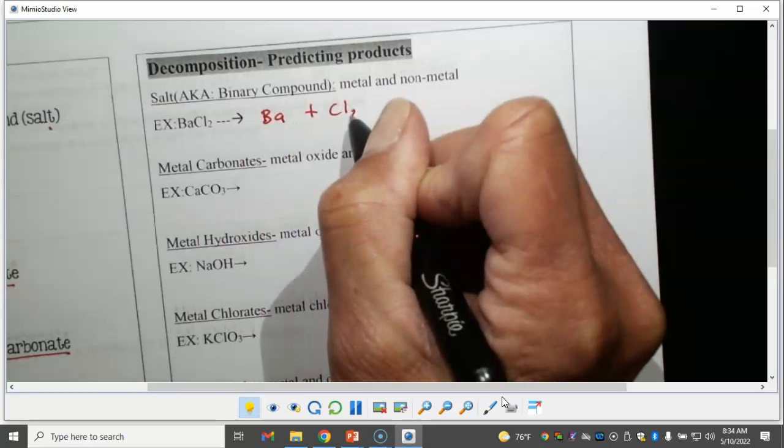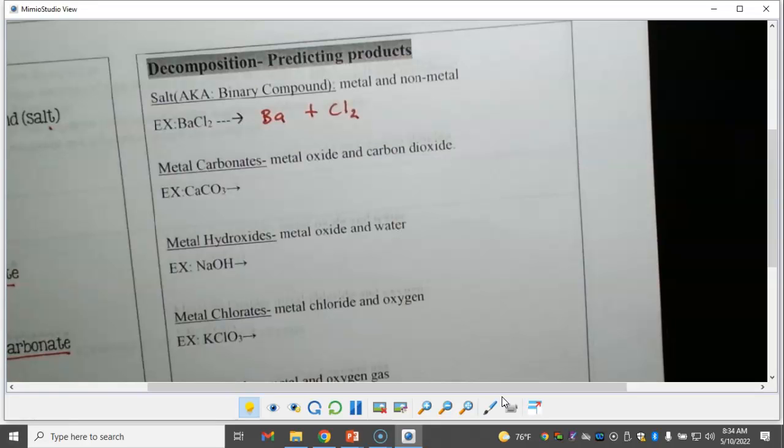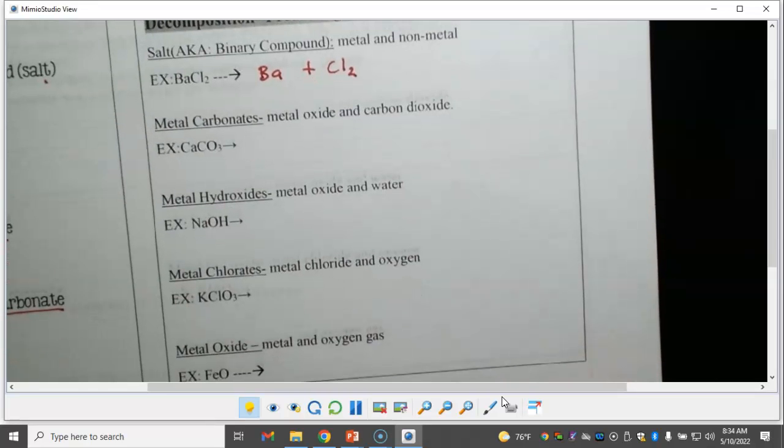How come I'm putting a little 2 next to chlorine? It's a diatomic molecule. Now, if you remember, these are literally the exact opposite of synthesis reactions. Now, again, this isn't balanced, or it actually is balanced.